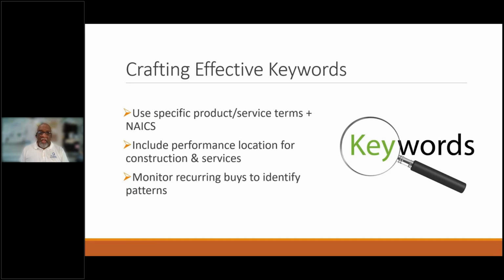And then the ability to identify patterns, pattern matching. It's looking through the various platforms like SAM.gov and USAspending.gov. Depending on your target agencies, you should be able to look in the data and see if there are identified patterns.